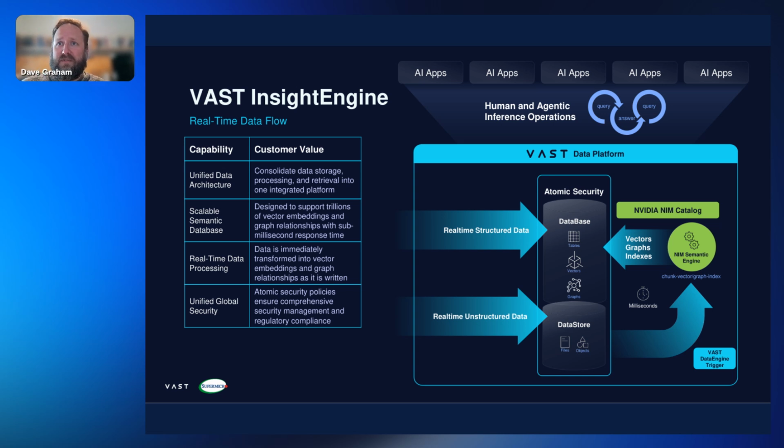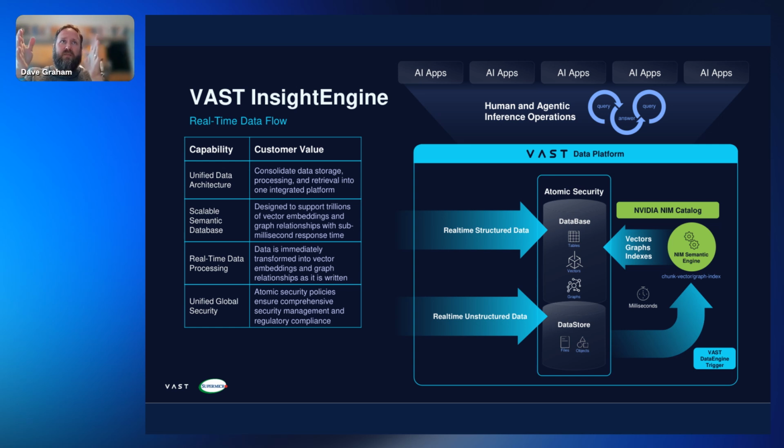I want to be able to look at a single structure that can house file, object, graph, structured and unstructured data. And this is something that we built into the VAST data platform from the get-go. It means that everything we did was designed with the idea that applications are going to interface into a single locale. They're not going to be required to spray data every single place it needs to go.